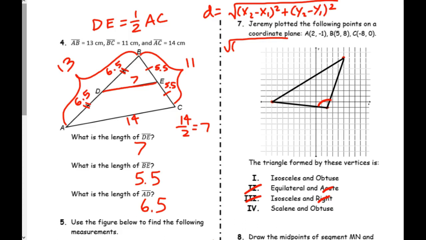I know y'all don't have a ton of room here. So 5 minus 2 squared plus 8 minus negative 1 squared. Okay, that's AB, BC, and AC.